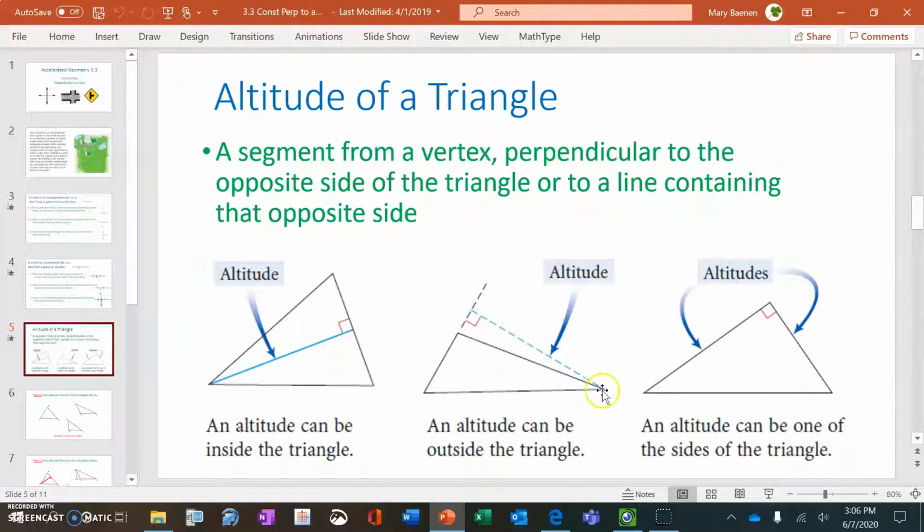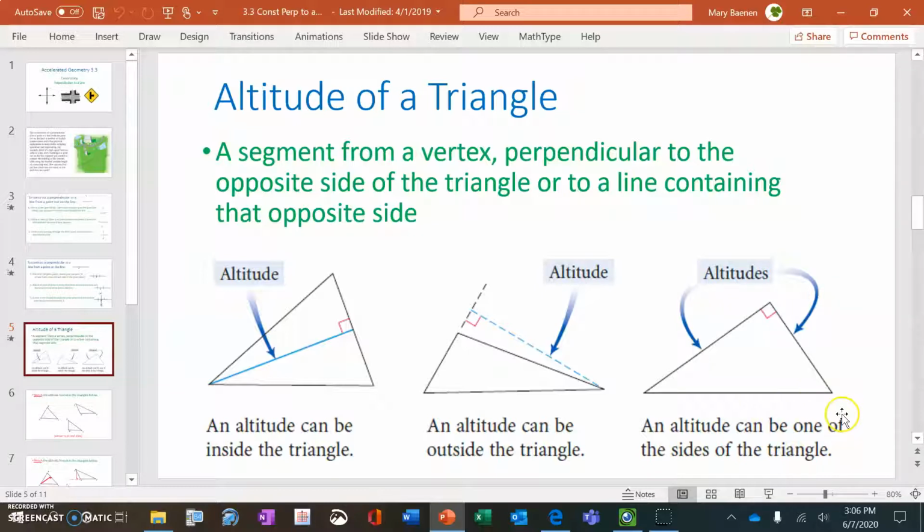Now in the second triangle, if I go from the vertex perpendicular to the opposite side, it is not long enough, so I need to do an extension of that side. When I extend that opposite side, now I can go perpendicular to it from the vertex, perpendicular to the opposite side or an extension of it.